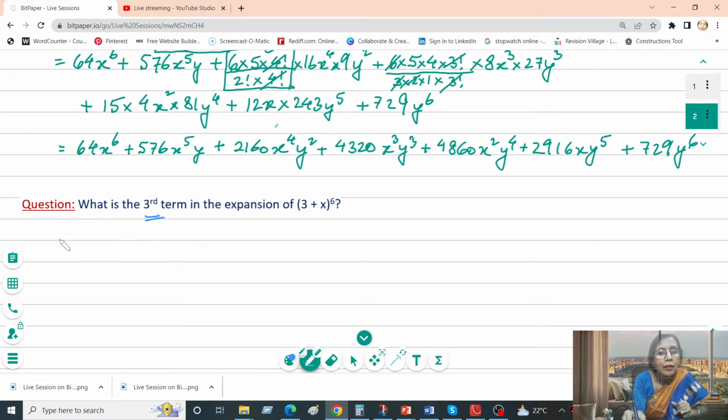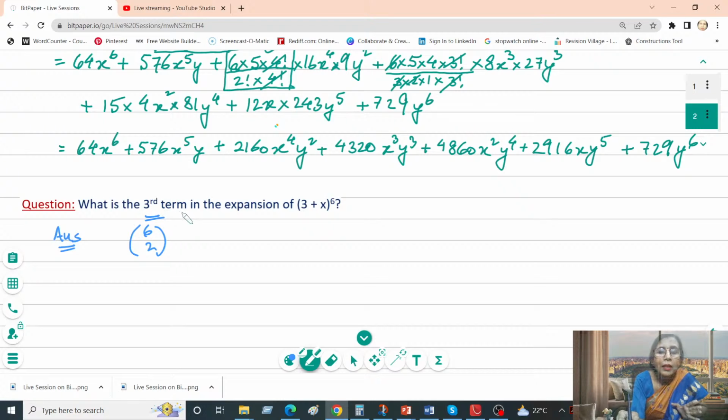The upper number is obviously n, so it will be 6. The first term's R value is 0. It starts with 0, that we have seen. So the second term's R value will be 1, and the third term's R value will be 2. Do we really need all the terms?